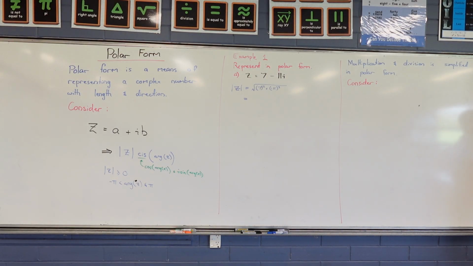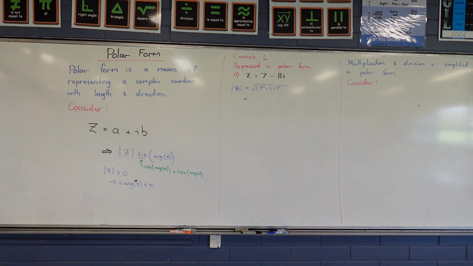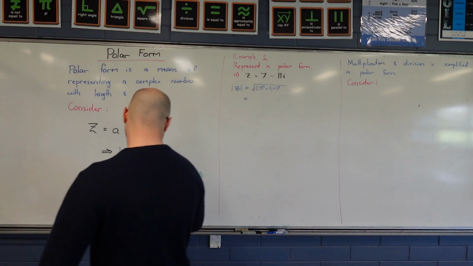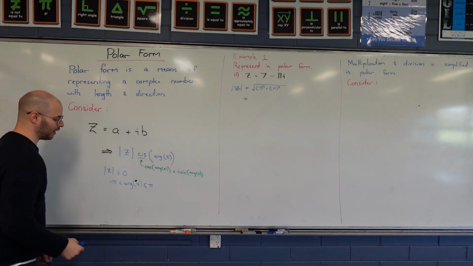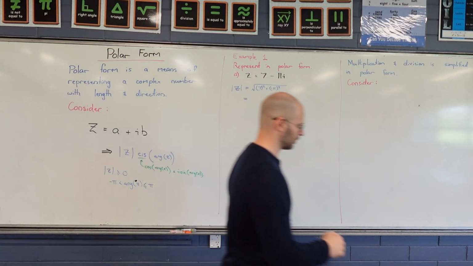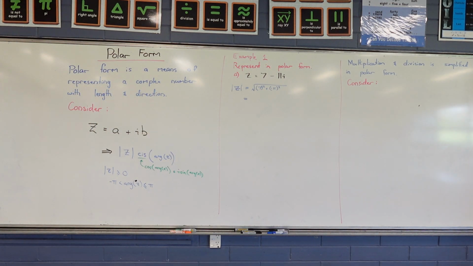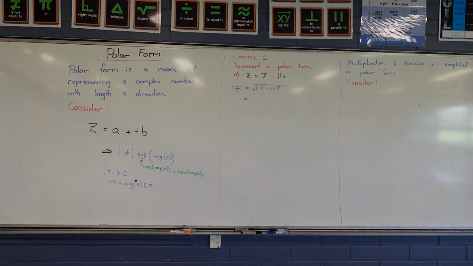So we need to calculate what this is. Do we all have calculators? 7 squared is 49, plus 11 squared.